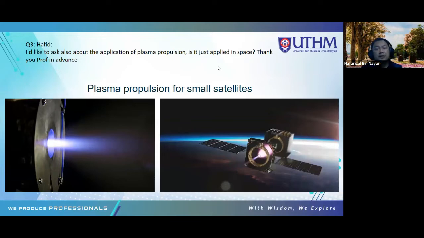Okay, then Hafid is asking about plasma propulsion. This is actually a different topic.